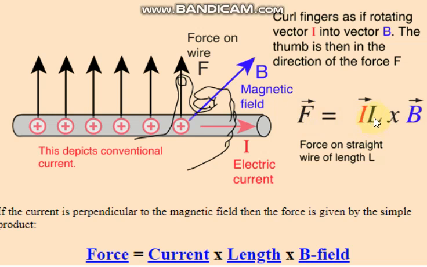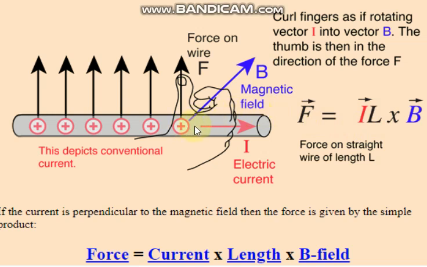So here L is our first vector, B is the second vector. You will rotate L towards B. You will curl the fingers of your right hand in the direction of that rotation, and then the stretched thumb will give you the direction of the magnetic force acting on this wire.